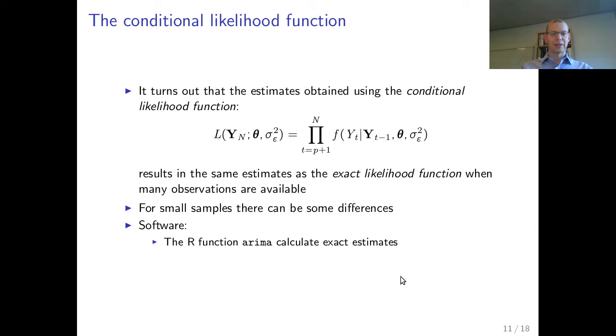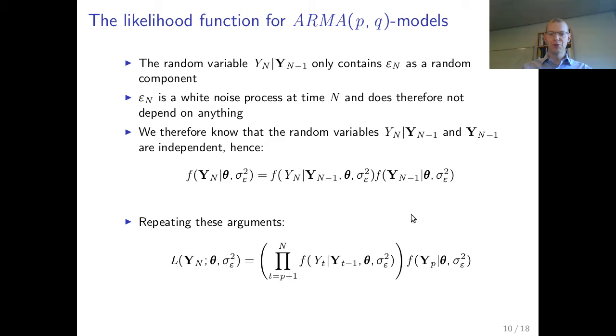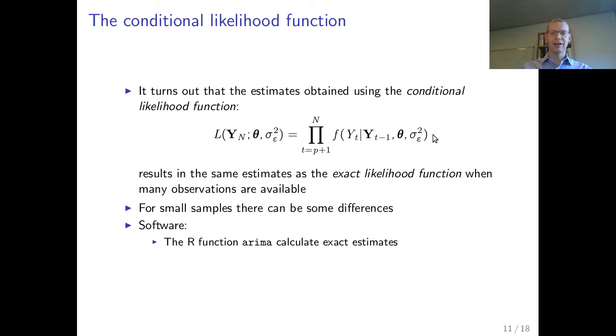Okay, so if we do the so-called conditional likelihood function, what do we have then? We condition on the first p observations. So basically what we do is we just remove or ignore this last term out here and say that now we have the conditional density, we can do everything more easily because we just have to make one-step predictions.